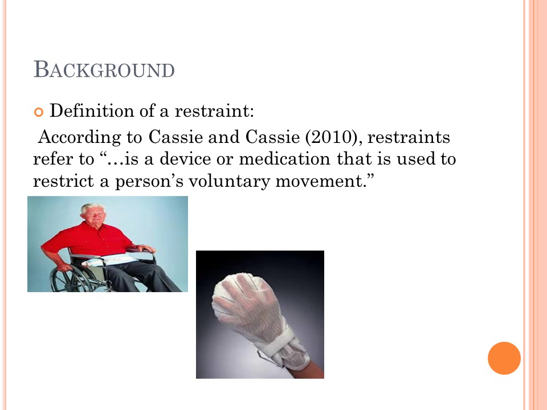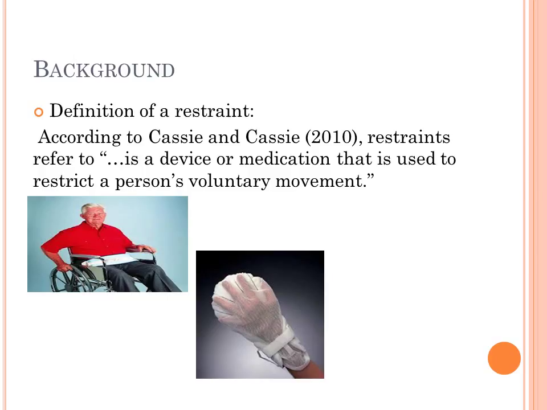So just to give you a background on what exactly a restraint is. By definition, Casey and Casey 2010 refers to restraint as any device or medication that is used to restrict a person's voluntary movement.